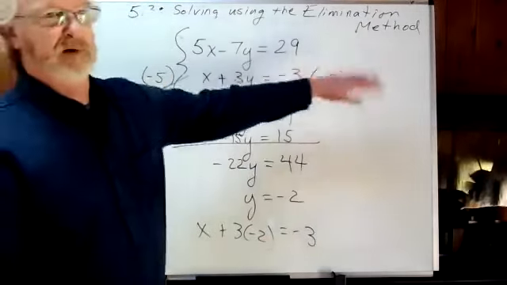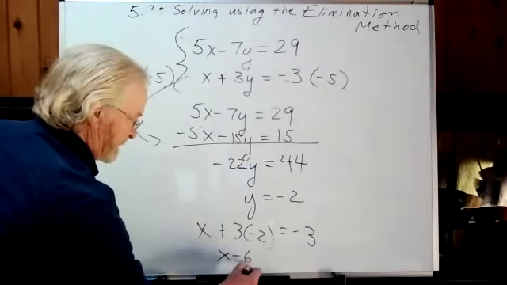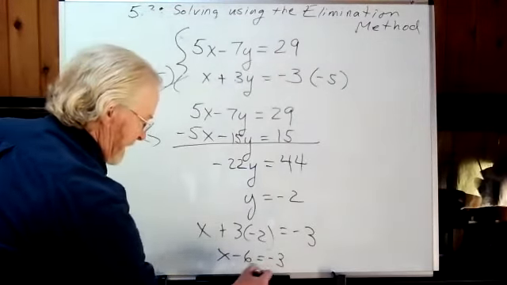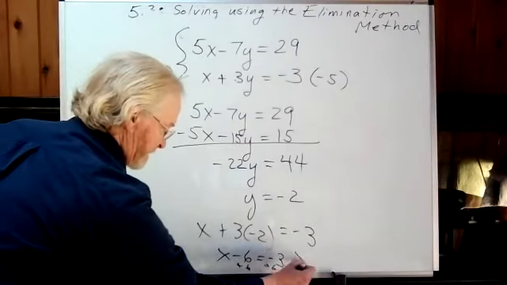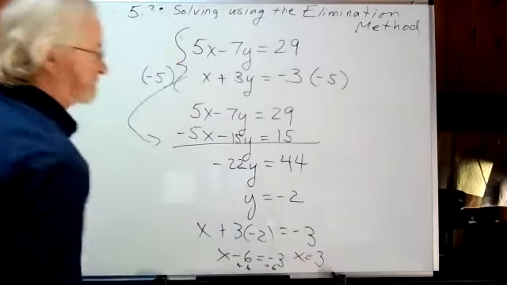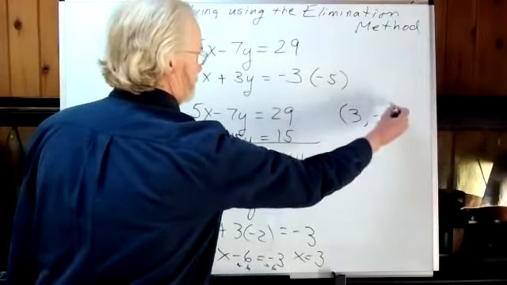That negative 5 was part of the next step, huh? x minus 6 is negative 3. If I add the 6 to both sides, x is 3. And the y was negative 2.